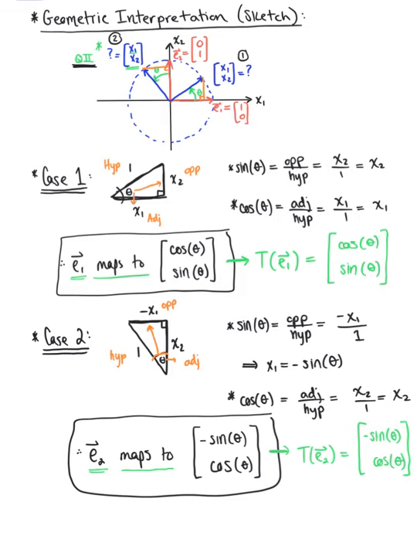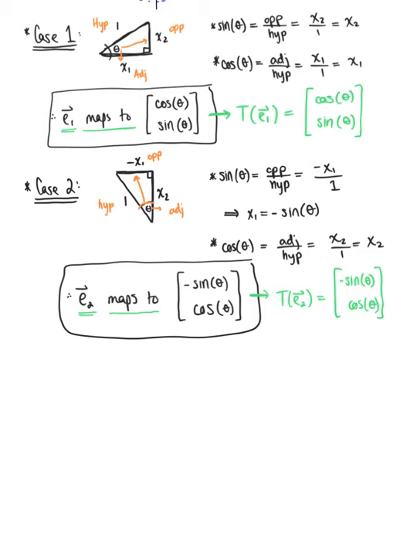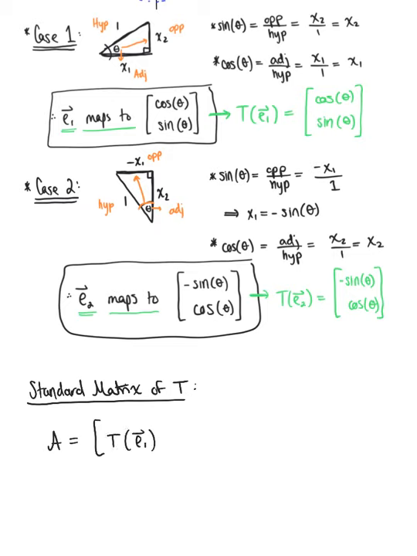With this in mind, we are ready to state the standard matrix A of our linear transformation. The standard matrix of our transformation T, by definition, is a matrix A whose column vectors are the images of the elementary vectors, which we just found.